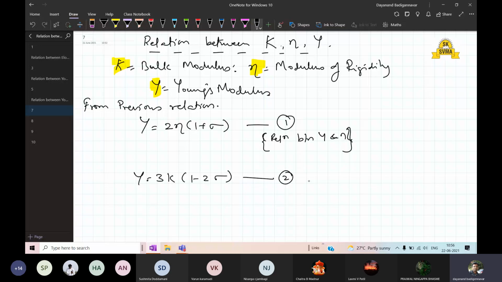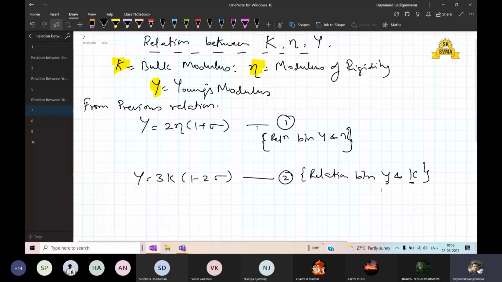This is equation 2, the relation between Young's modulus and bulk modulus. We already derived it in the last class.